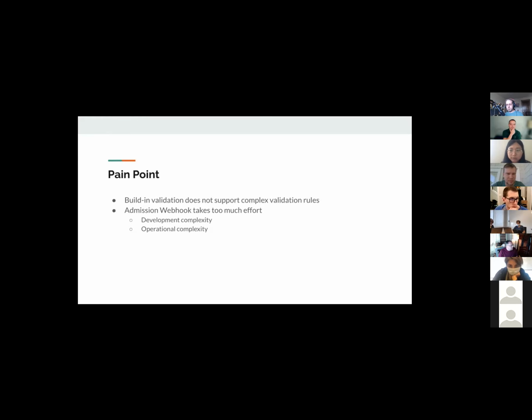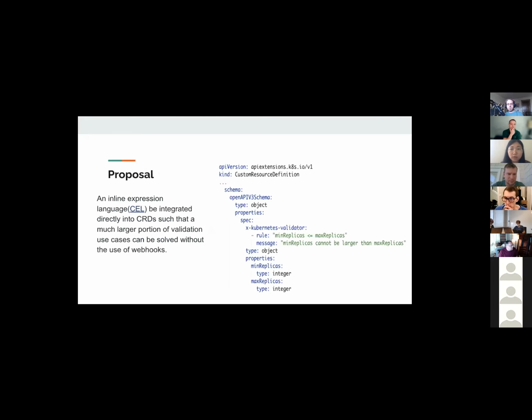So here is our proposal. We propose to integrate an inline expression language directly into CRDs. Hopefully that could get a large portion of validation use cases covered without the use of webhooks.